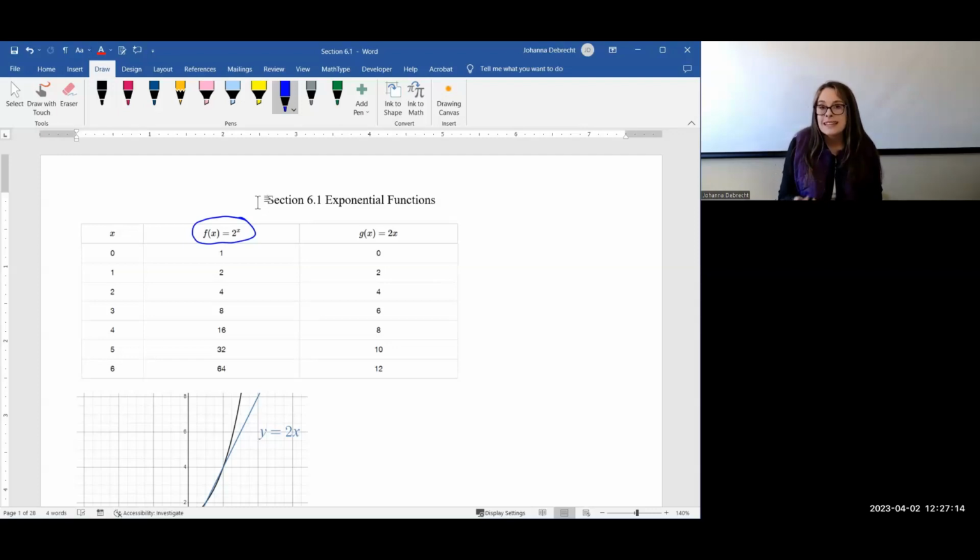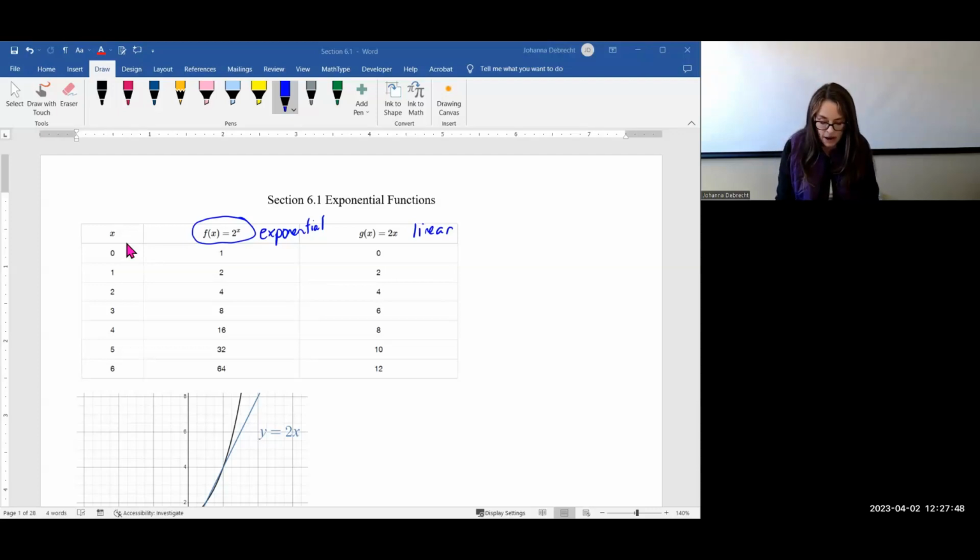Now, the other function is a line. So we have an exponential on the left, which we'll define a little bit better in a few minutes, and this is a linear function. When you take some values from the x-axis and allow those to be your input values that you see here on the left, then we can multiply the variable x by 2 to get these values coming out for the linear function.